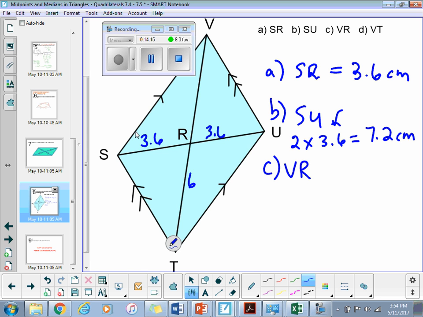Now the line VR. So VR, this is a bisect, so that would have to be the same as the RT. So VR is equal to 6 centimeters. And then finally, the line VT would just be 2 times your 6, right? So that's going to be 12 centimeters.